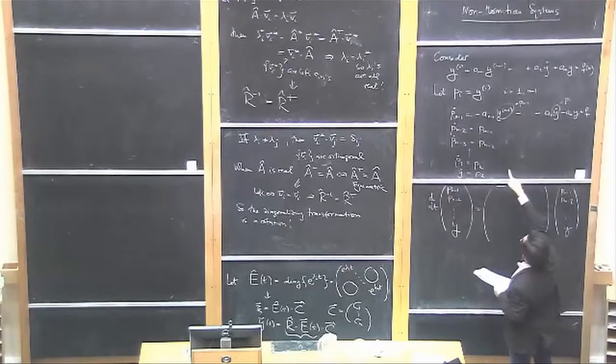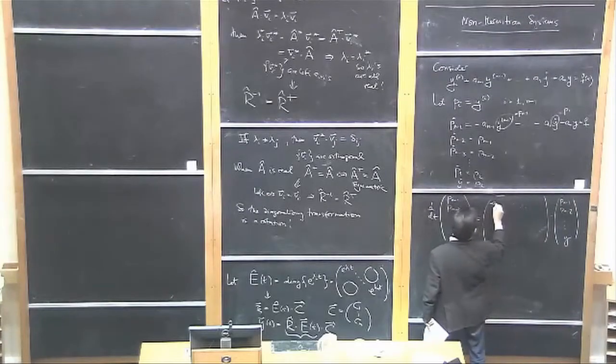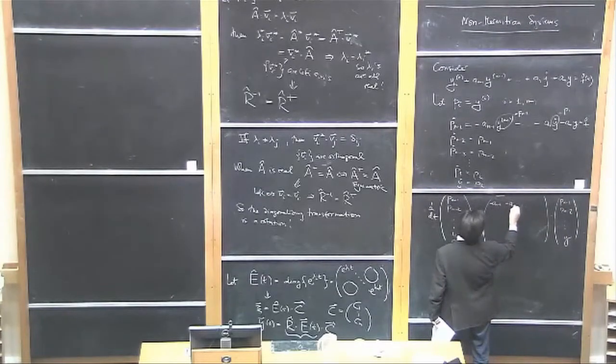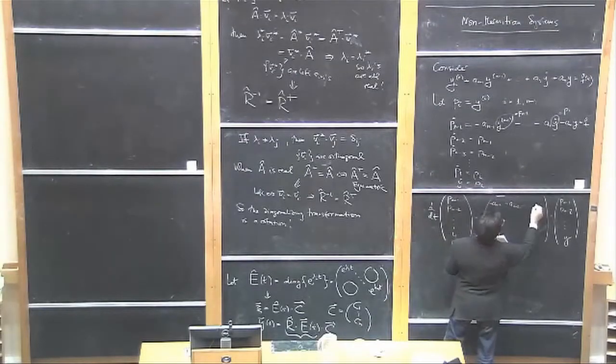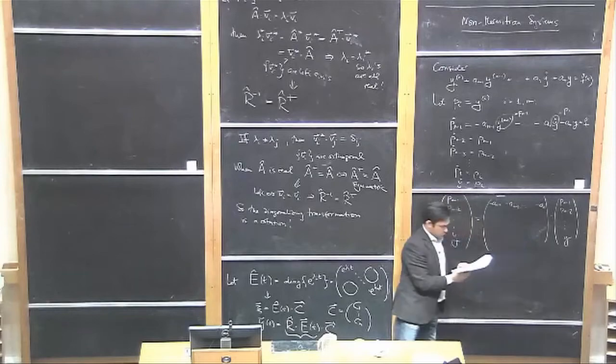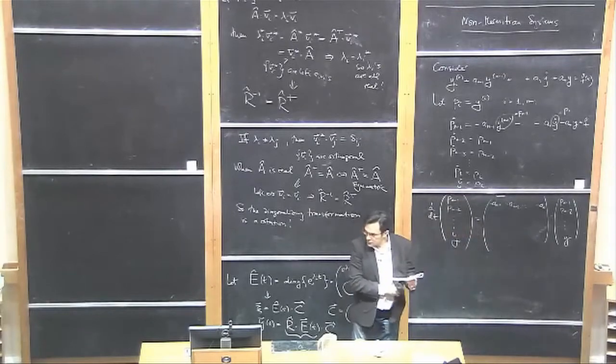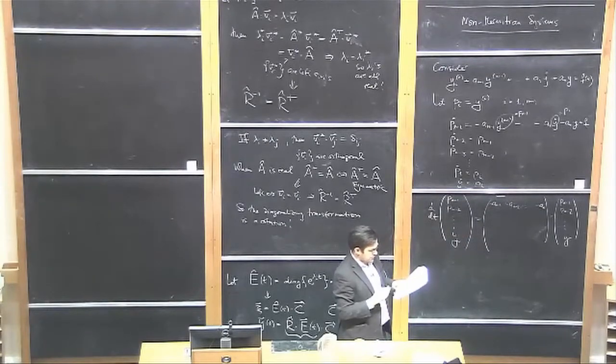In the matrix, I just read it off here. It's minus a_(n-1), minus a_(n-2), etc., minus a_0. There is a typo in my notes. It should be minus a_0, not a_0.